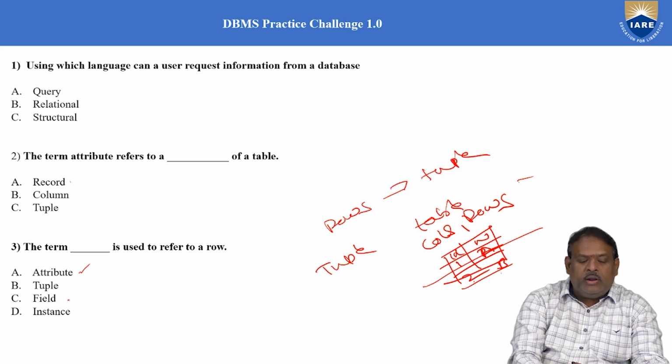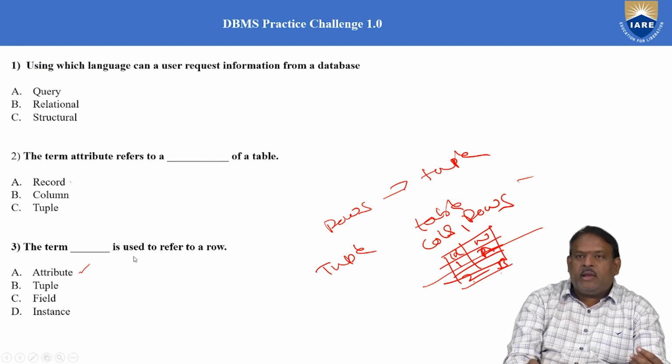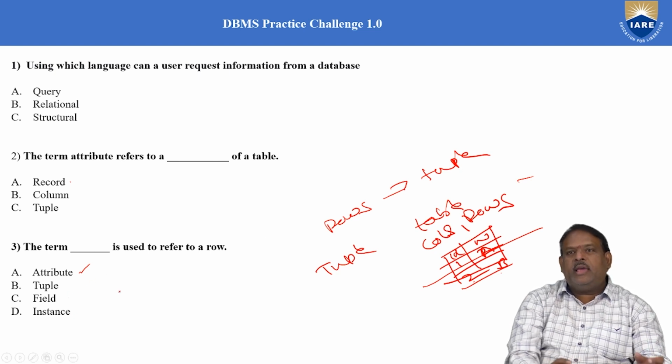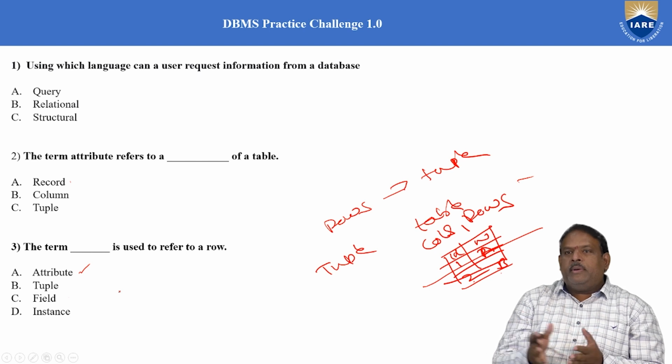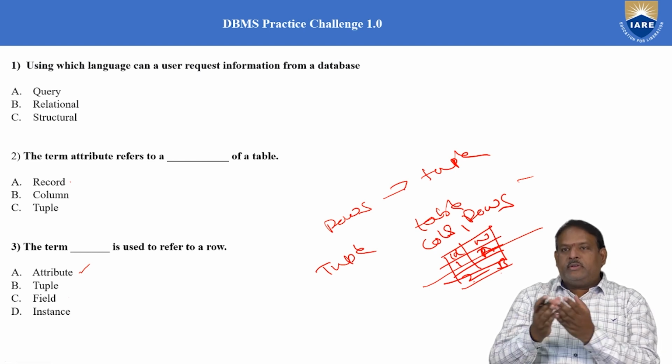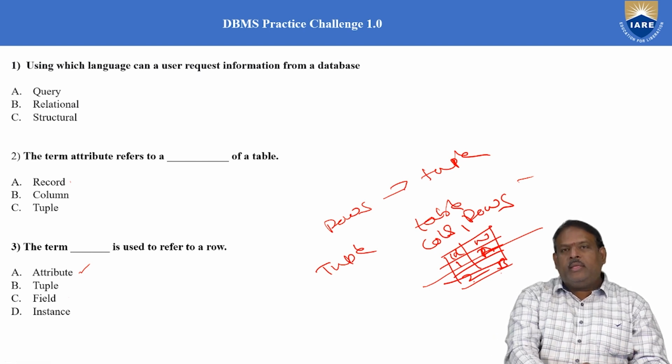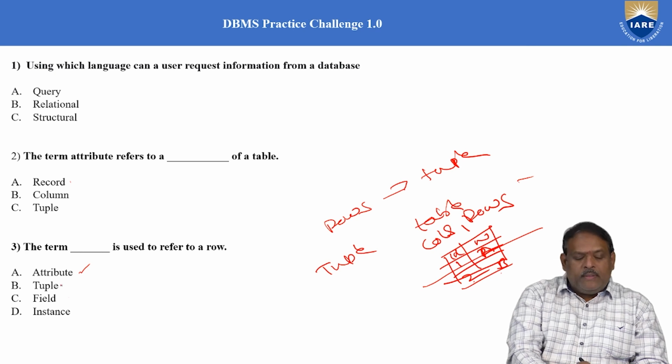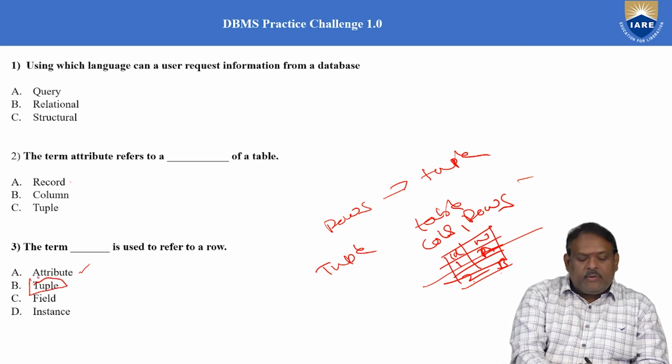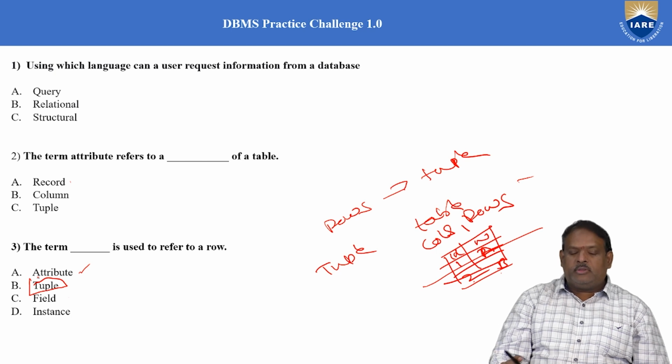Okay, field is like a column value. Instance is a copy of the main database that you work on. So the right answer would be tuple for question number 3.